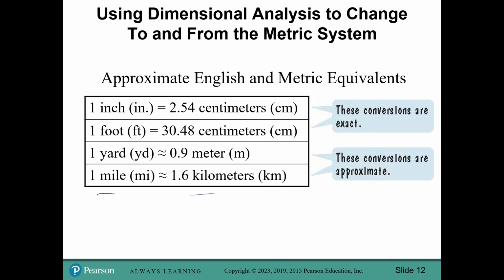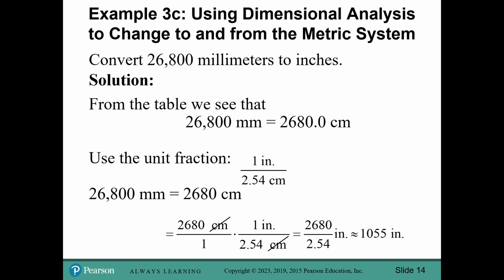They're easily relatable in the metric system because we're just looking at units of 10, so we can convert the centimeters into millimeters no problem. So let's look at that 2.54 centimeters that we're going to need to get that inch. What we're going to have to do first is convert these millimeters into centimeters.